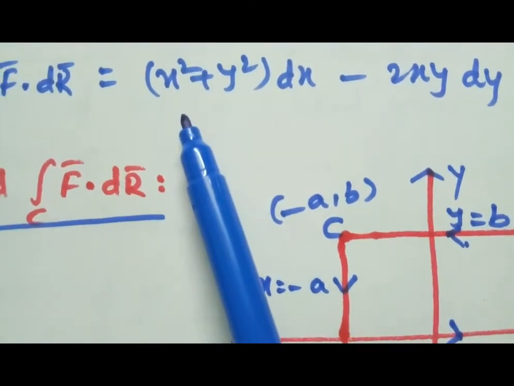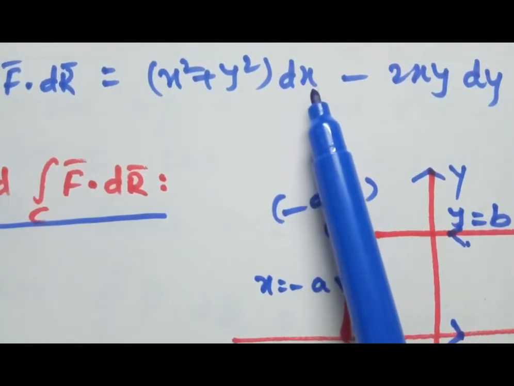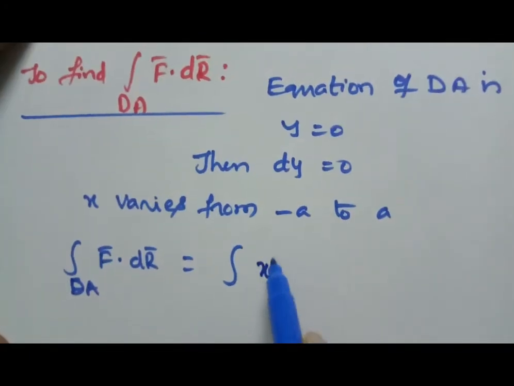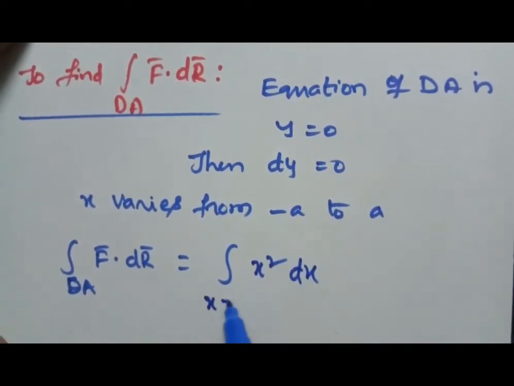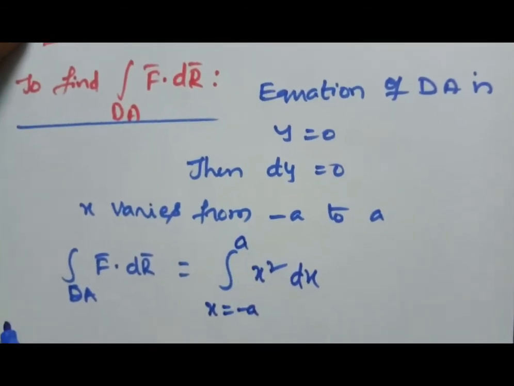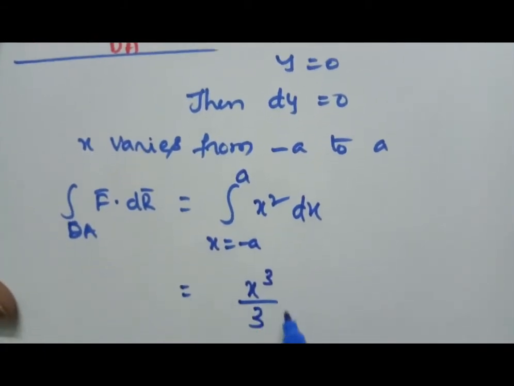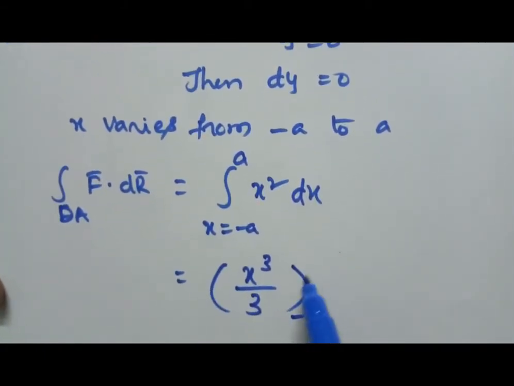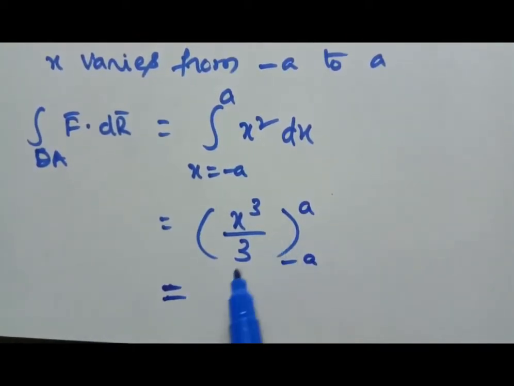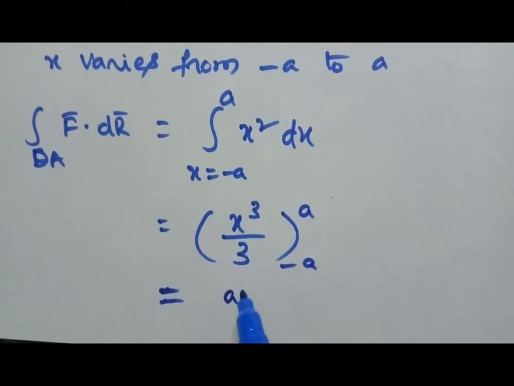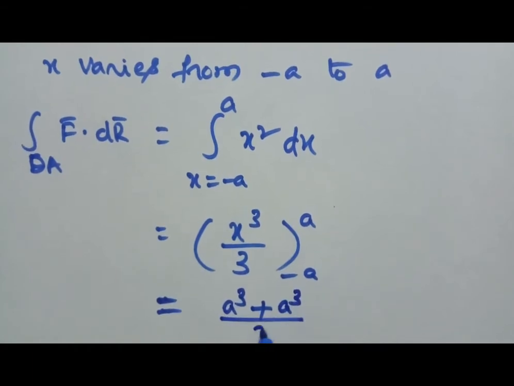Therefore, here x square into dx, as y value is 0. X varies from minus a to plus a. This is equal to x cube by 3, limits minus a to plus a. That is equal to upper limit a cube by 3 minus of minus a cube by 3.